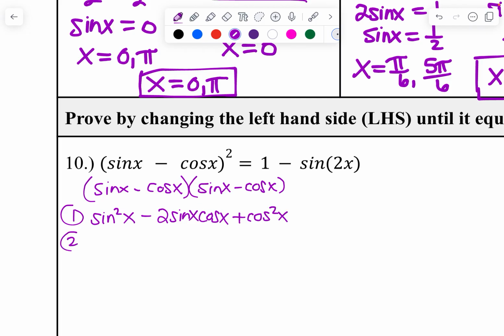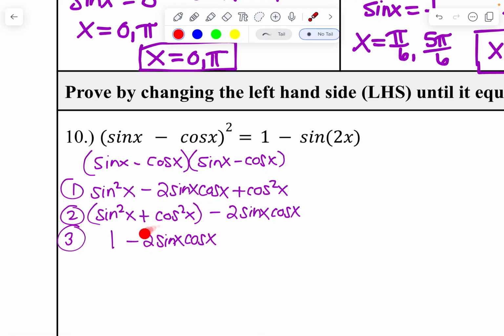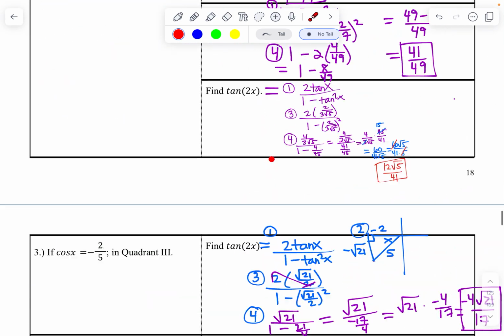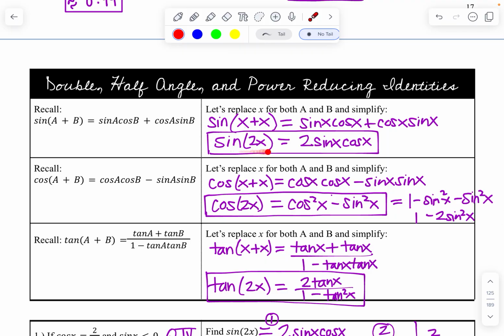All right, so if we rearrange a little, we can have sine squared x plus cosine squared of x, which we know equals 1. That's our Pythagorean identity. And then we know that this, and we come back to our formulas, is the formula for the sine of 2x.